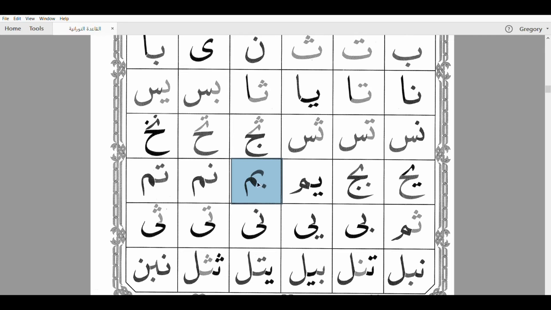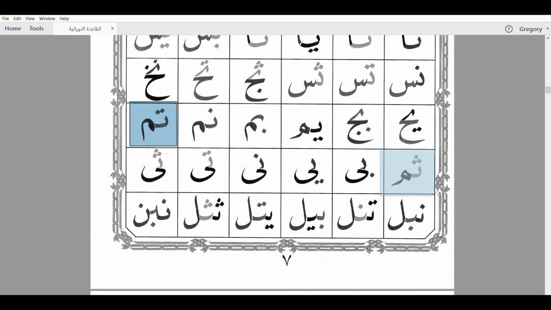Yeah, ba mim, ba ma. And this one? Is that a noon? Yeah. Nama, yeah, nama. And this one? Tama. And this one? Yeah, that's right. But they don't know that yet. Don't worry about that. This is the three dots on top, right? Yeah, tha. And this one?